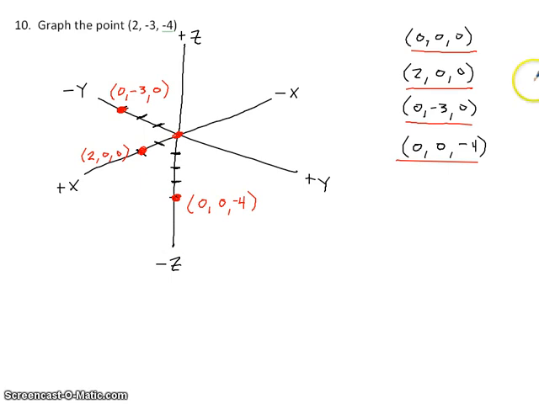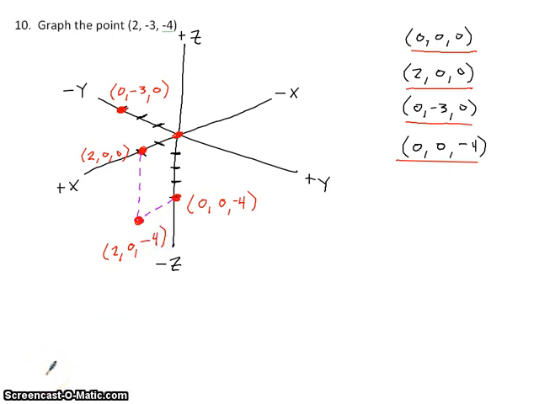So to find the point connecting the X and Z plane, we're going to go down from X parallel to Z, and we're going to go out from Z parallel to X, and that gives me this point right here, which is 2, 0, negative 4.